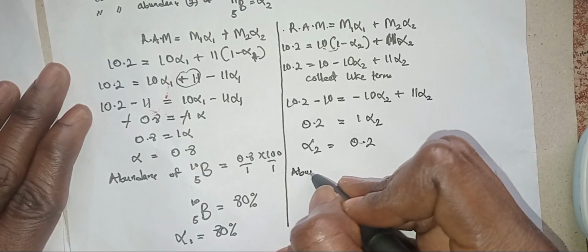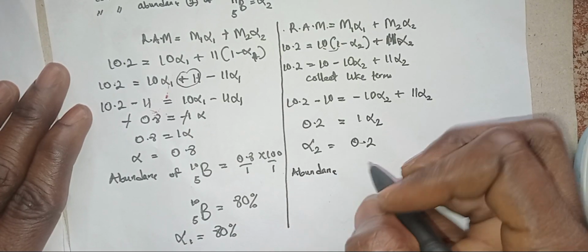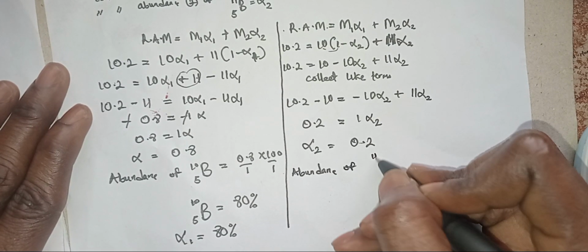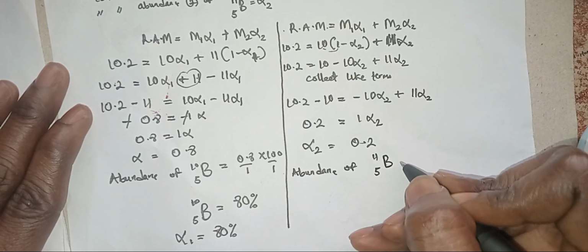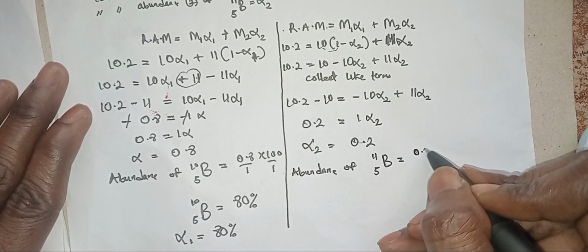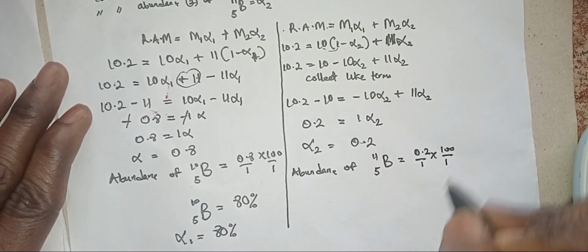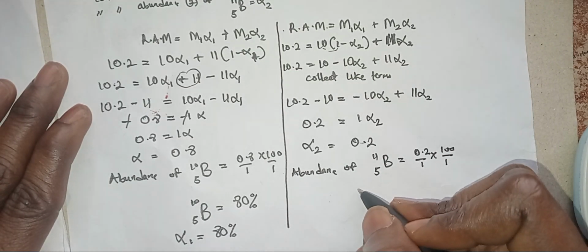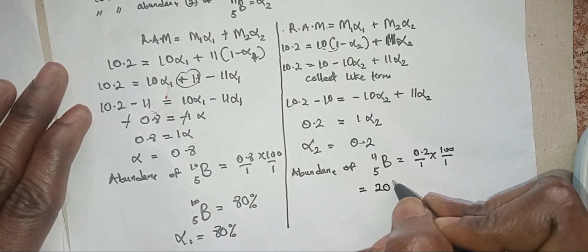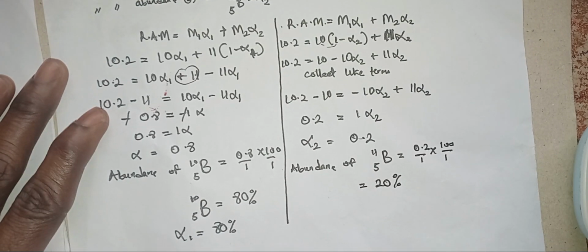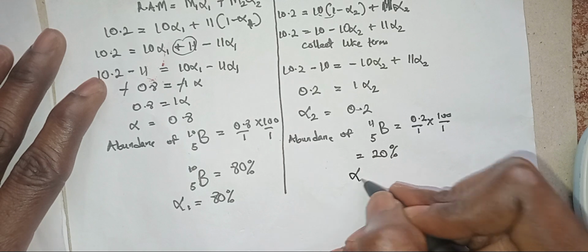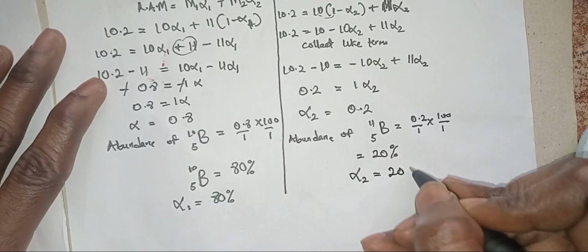So we now write again, abundance of boron-11 will be equal to 0.2 upon 1 multiplied by 100, also. So the answer for this one is going to be 20%. So abundance 2 is now going to be 20%.